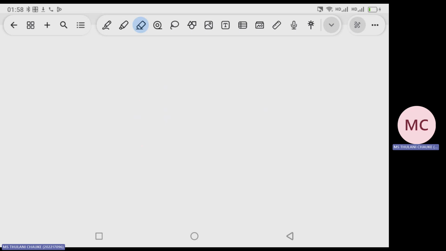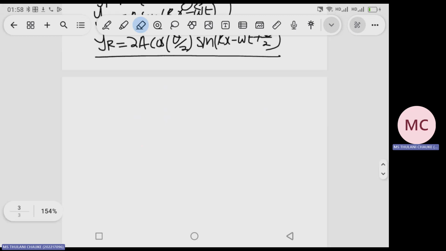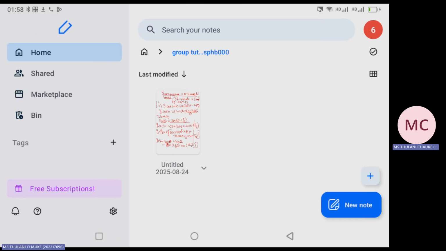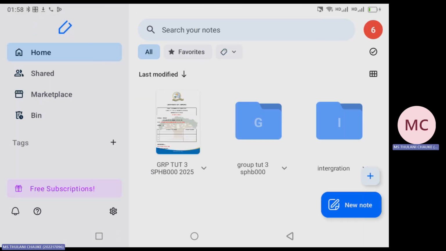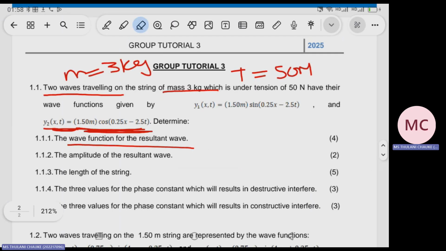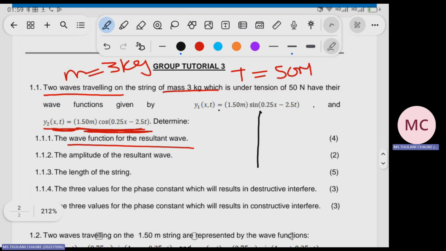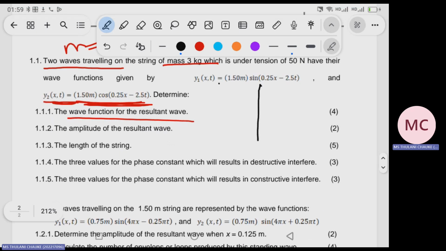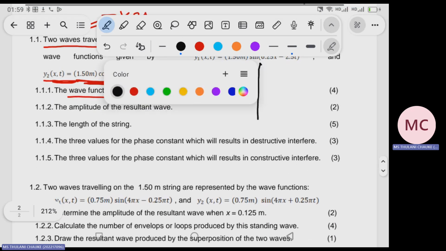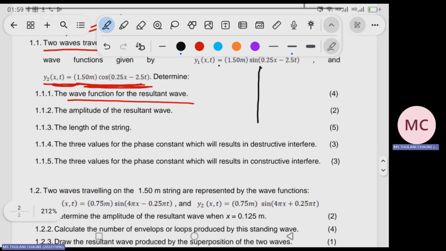Then the next question, what were they asking? Let me see. The next question wanted you to get the amplitude of the resultant wave. So at least we already have the equation.